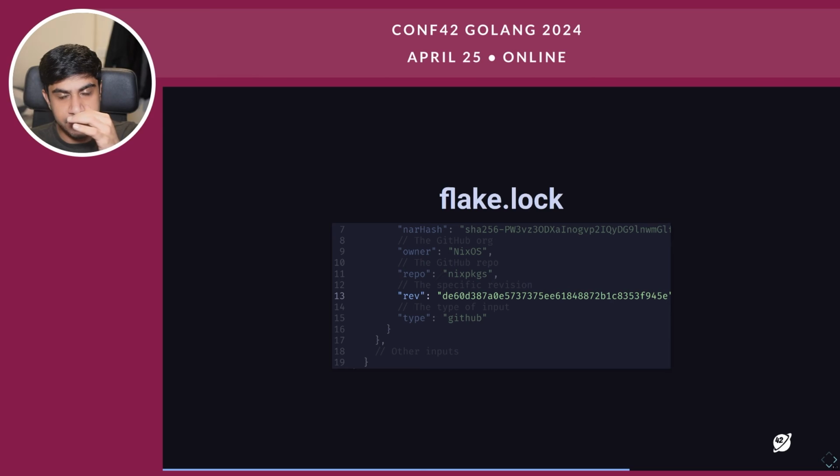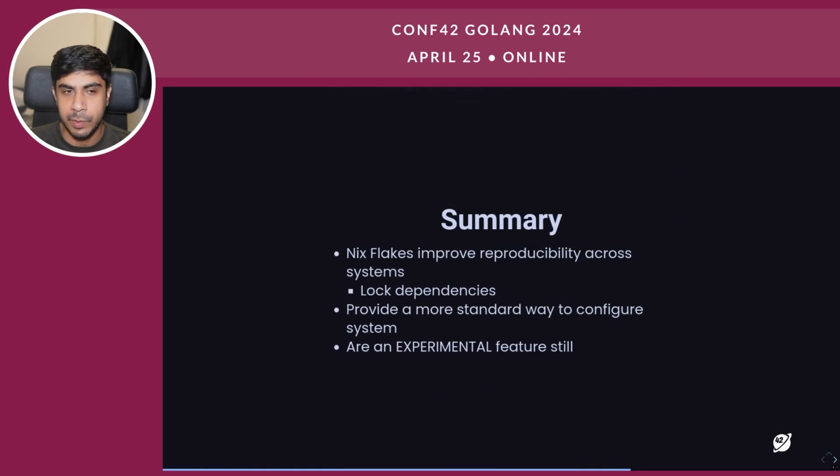So anyone using this flake.nix and flake.lock file combination will be locked to this revision until we update that lock file. And that means if we're using this in CI or other developers are using this, we'll be pointing to the same version of Nix packages, which is really cool. We can also use, let's say, a GitHub action or CI to update this flake.lock file for us if we want. Think a bit like Dependabot style stuff.